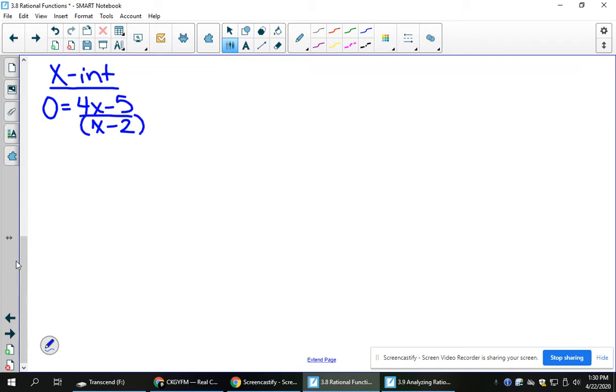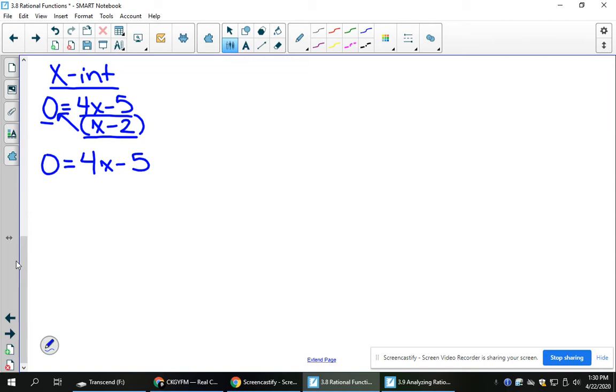You would first want to get rid of the fraction by multiplying both sides by x minus 2. If you think about it, that's going to cancel x minus 2 on the right-hand side, and the left-hand side is 0 times something. 0 times anything is 0. So this is actually a shortcut that you can take. The 0 is going to be equal to the numerator.